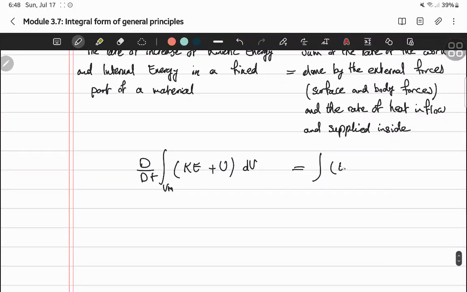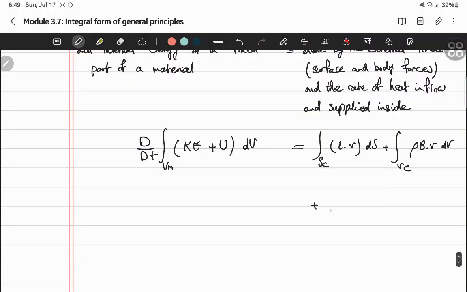We have t, and since we have the rate, dx over dt is v, so this is t dot v, a zero order tensor or a scalar, integrated over S on the surface, plus the rate of work done by the body forces, rho b dot v dV over Vc, plus the rate of heat, which becomes minus because it is entering from the boundary: q dot v dS over S, plus the integral of rho q_s, generated inside, dV over Vc.